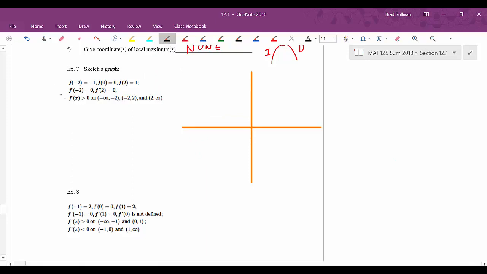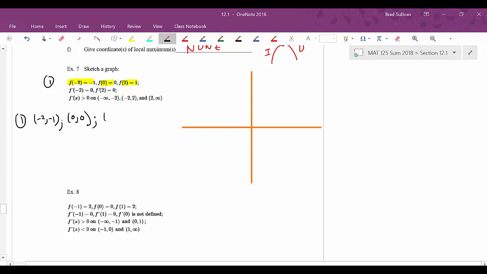Okay, so the first thing I'm going to do is start with these first statements here. Now, all of those statements do is they give you points. So this just says when x is -2, y is -1. This says if x is 0, y is 0.